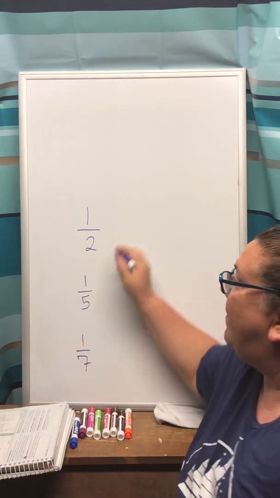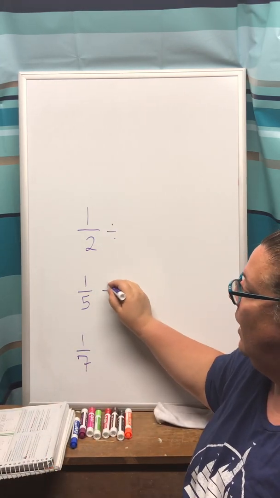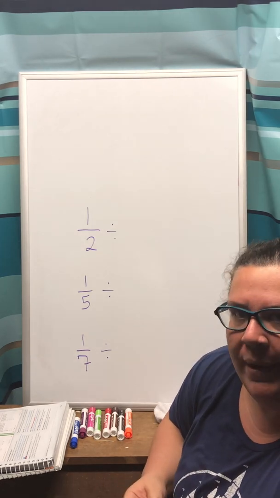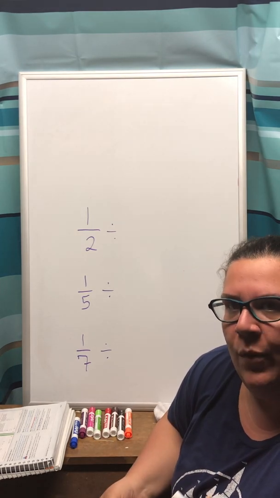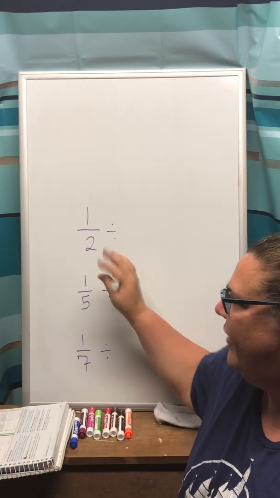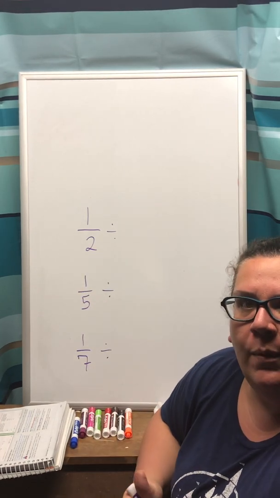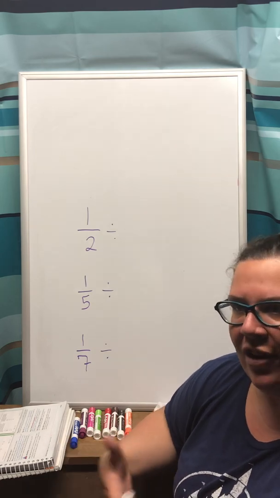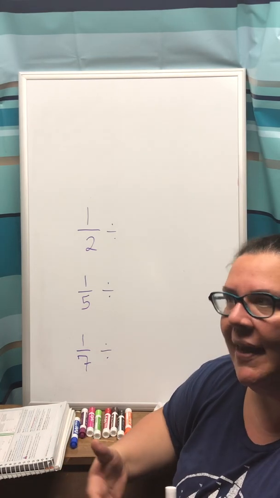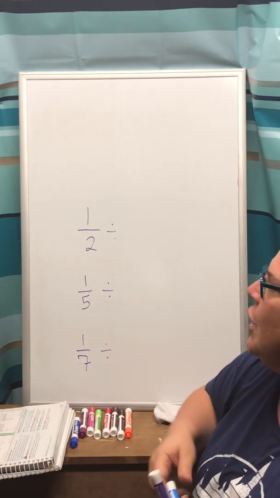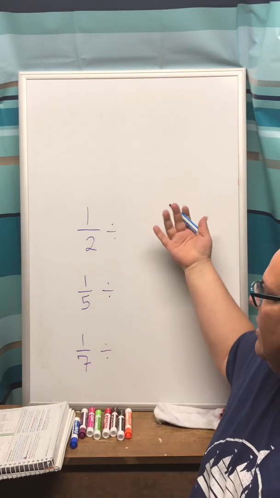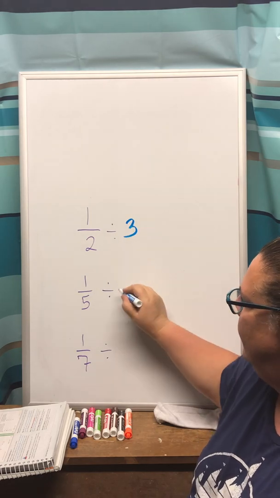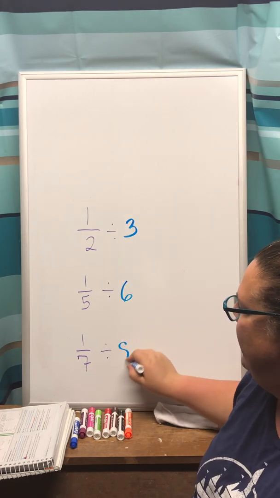The number that I'm dividing by has to be greater than 1, and it can't be 1 because we know that when we multiply by 1, we end up with the same answer. So if they're asking me greater than or less than, I need to start with something larger than 1. Pick any number that you want. Let's say 3. For this one, we'll do 6. For this one, we'll do 8.